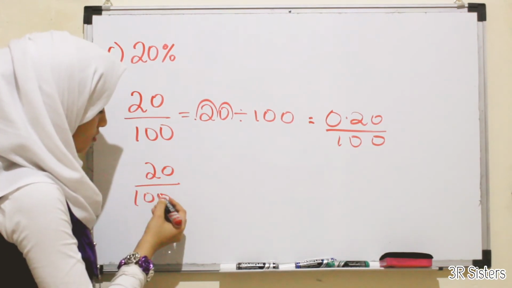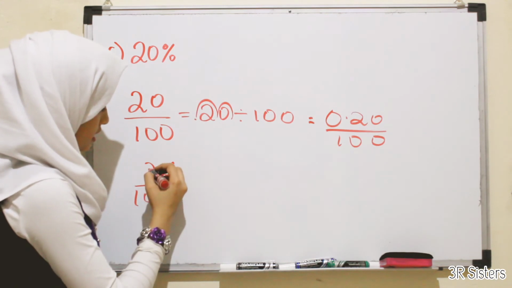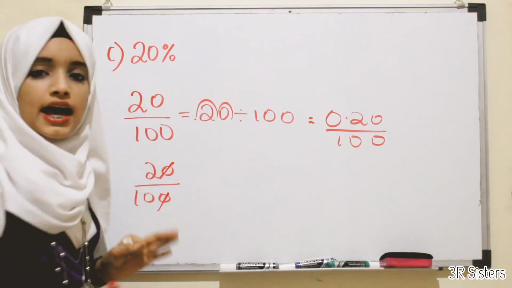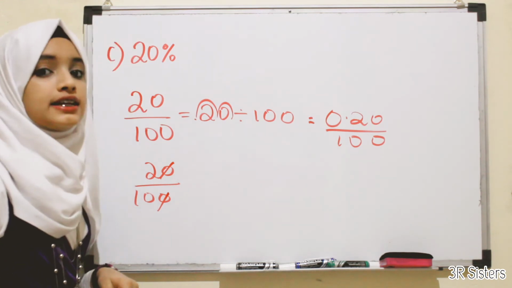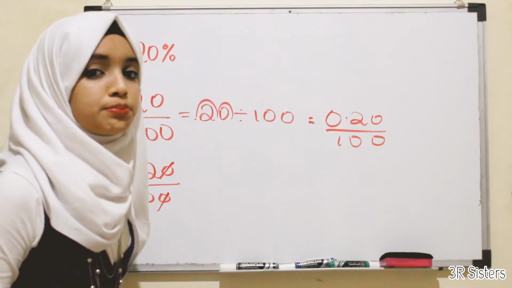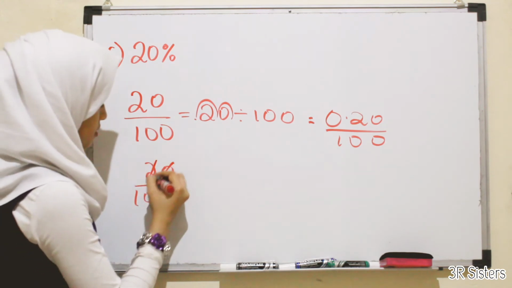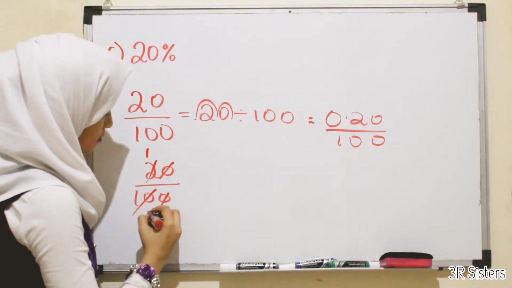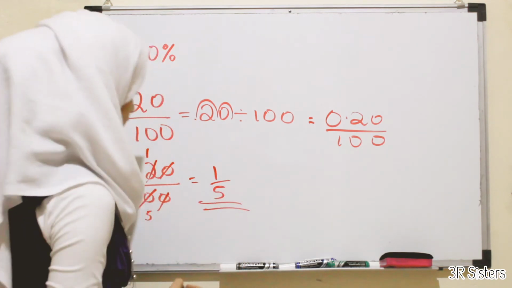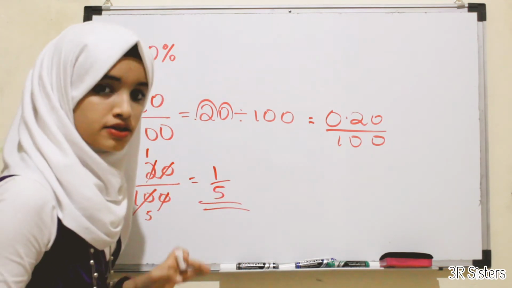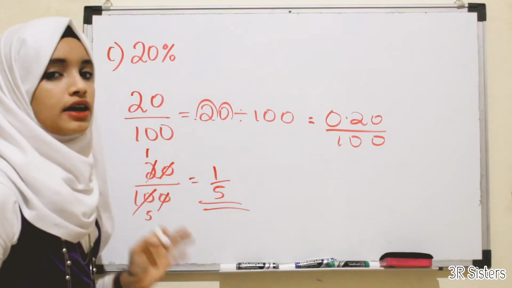Now we can cut these zeros, and this 2 and 10, will it go in any of the multiples? Yes, it goes in the multiples of 2. So this will become 1, this will become 5. The answer we get is 1 by 5. 20 by 100 in its simplest form is 1 by 5.